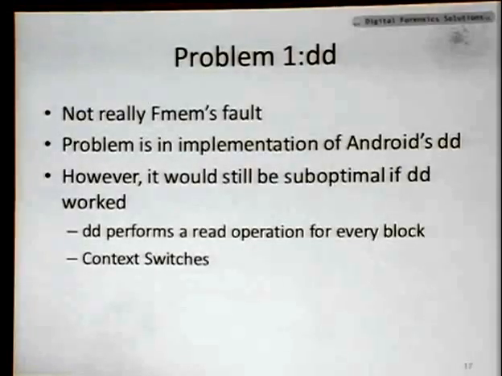So first of all, this is not FMEM's fault. This is an implementation problem in the stripped-down version of DD that Android ships with. However, even if we put a different version of DD that didn't have this problem, that called LLSeek or what have you, it's still suboptimal, because for every block that we're reading from physical memory, we're having to make a call from user space to kernel space.